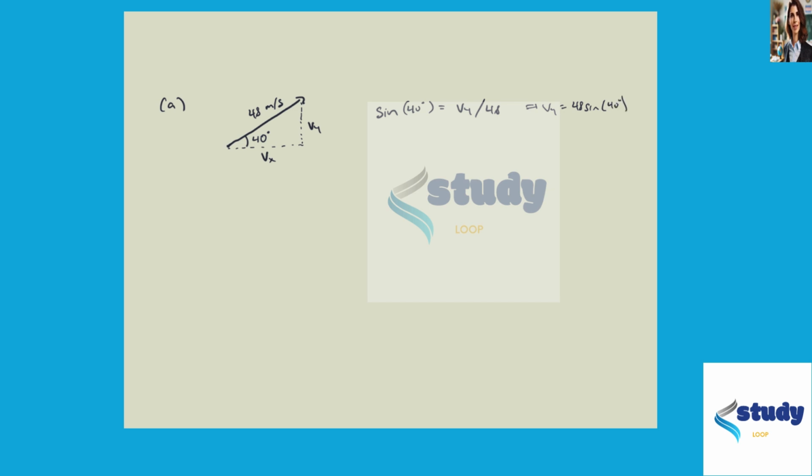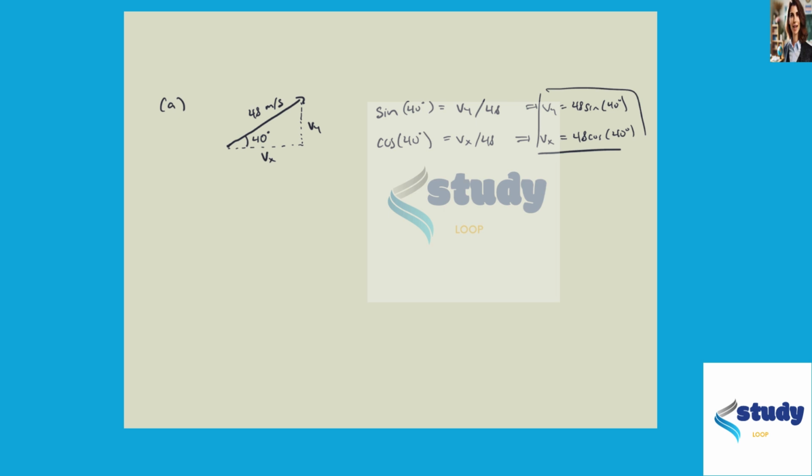And similarly, cosine of 40 degrees is equal to vx over 48. So vx is equal to 48 times cosine of 40 degrees. So this is the answer to part A.